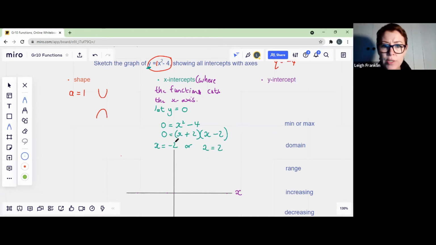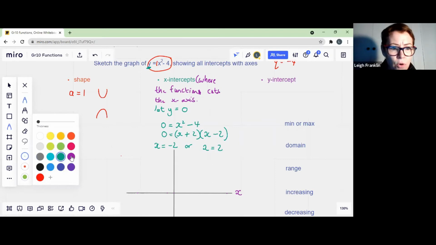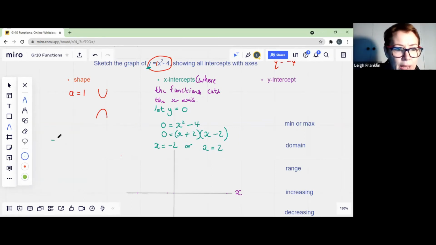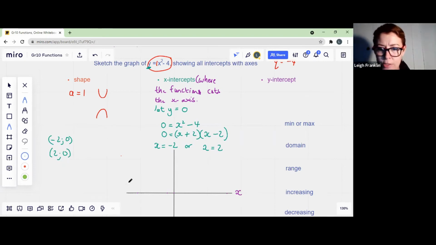If I want to write these as coordinates, I have one X-intercept at negative 2 and 0. Can you see my input and output? When minus 2 goes in, 0 comes out. And the other one at 2 and 0. So 2 goes in and 0 comes out.